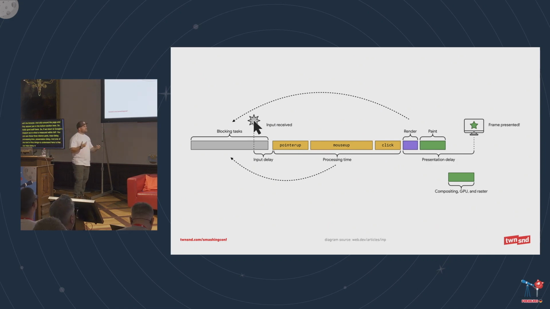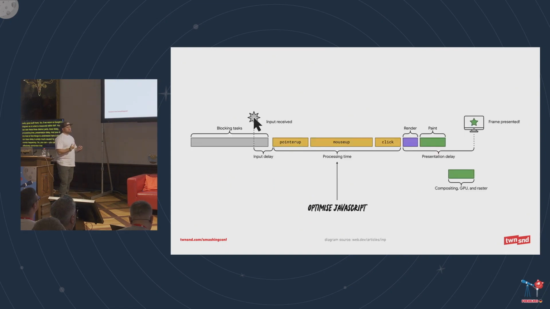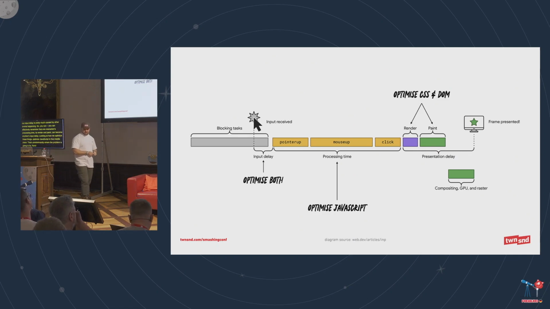So you can effectively remember that one interaction's processing time, its render and paint, can become another's input delay. So if we're looking at how we optimize these things, you might optimize JavaScript in that middle piece, because that's predominantly where the problems are going to lie. When it comes to rendering and paint, we need to look at our CSS and our DOM. And then if it's input delay, we need to look at both, because that's being caused by those two things.